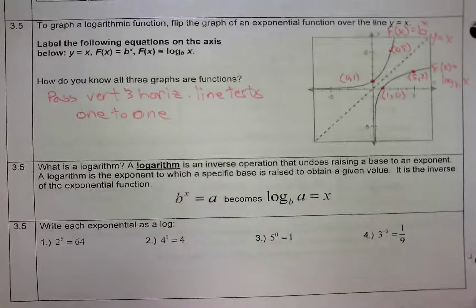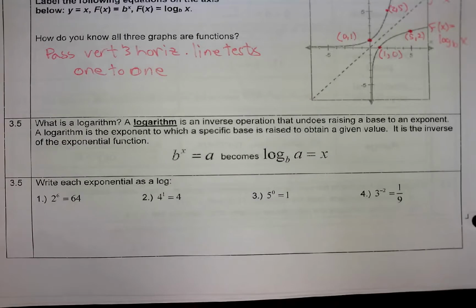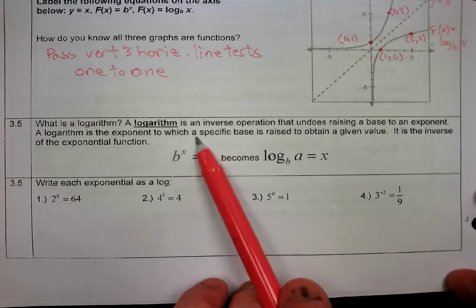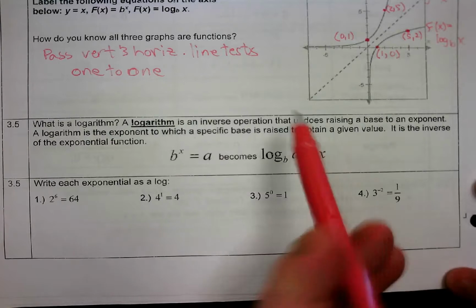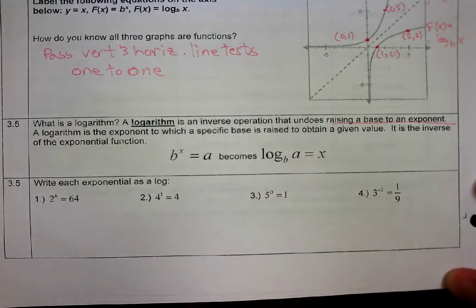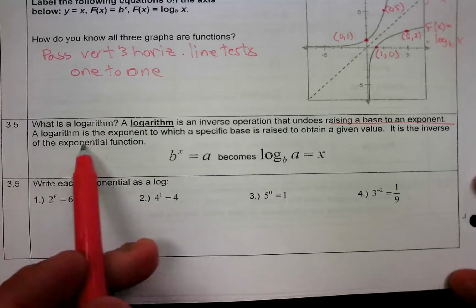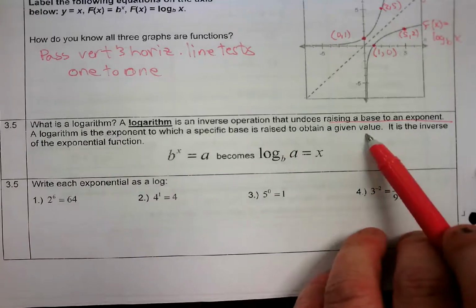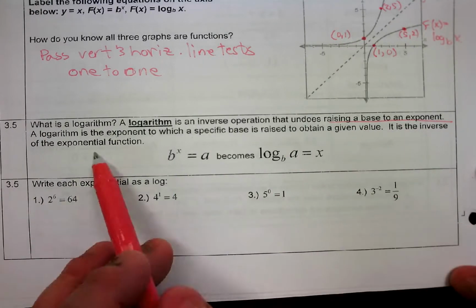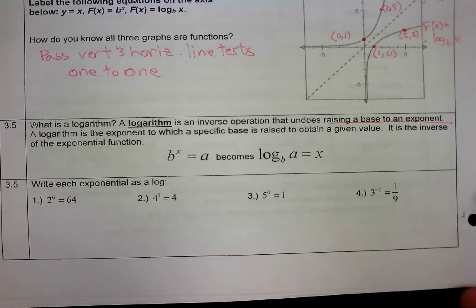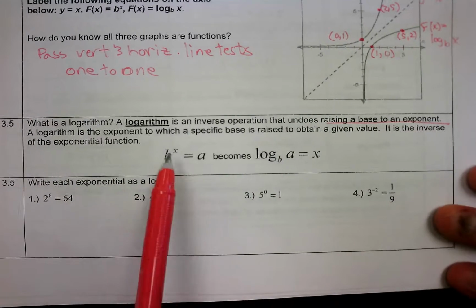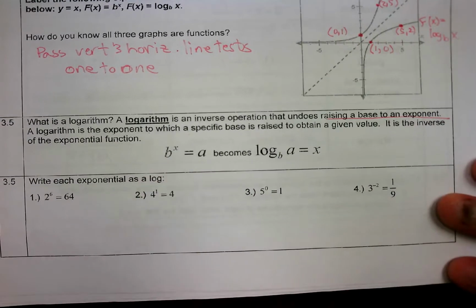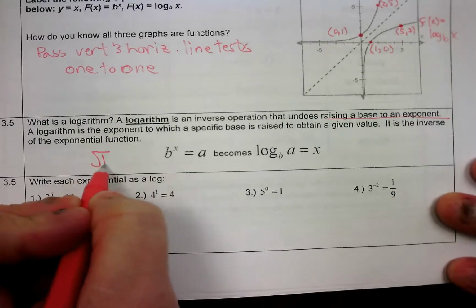So let's talk about what a logarithm actually is. A logarithm is an inverse operation that undoes raising a base to an exponent. A logarithm is the exponent to which a specific base is raised to obtain a given value. It is the inverse of the exponential function. You've always learned that b to the x power can be undone by taking the x root of b.